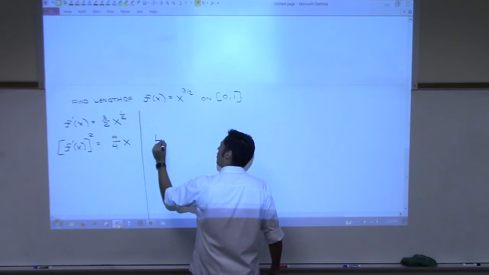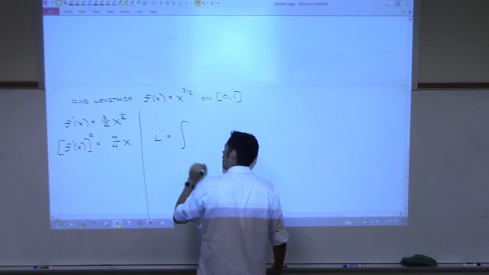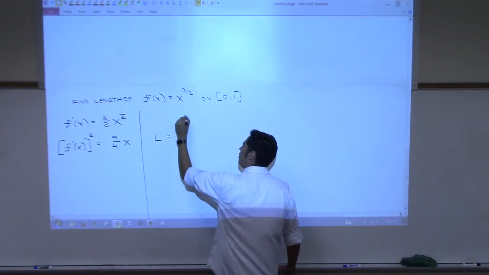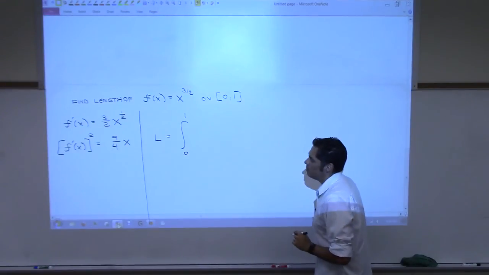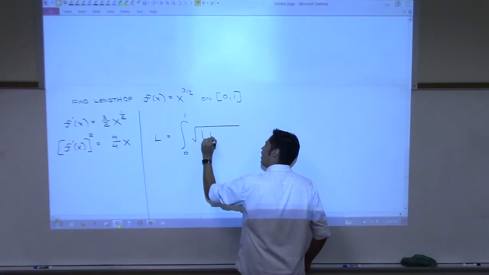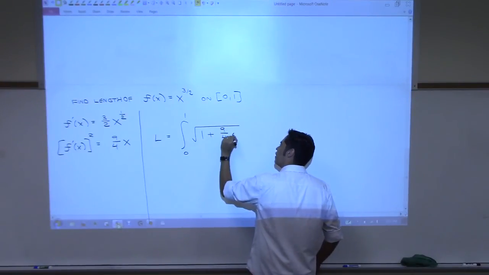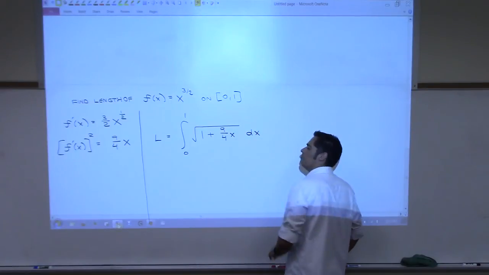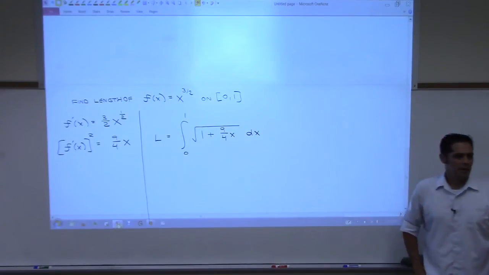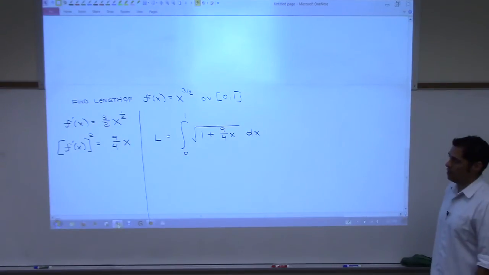The length of this curve should be the integral from 0 to 1 of the square root of 1 plus the derivative squared, which I already did that work, dx. And now the question is, can you integrate that? Yep. How would you integrate that?